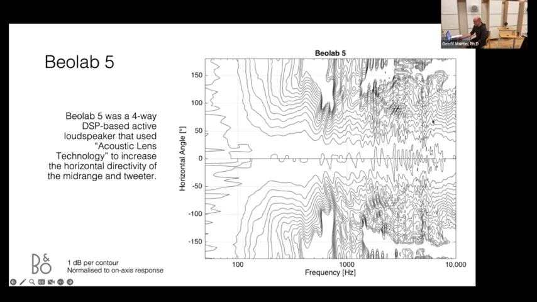And the reason for that is to ensure that the off-axis response matches the on-axis response as closely as possible. As soon as you have irregularities in the width of the beam and the directivity of the loudspeaker varying with frequency, then what that means is that your off-axis response, let's say here at 90 degrees, we can see down at the bottom, we're within a dB of the on-axis response.